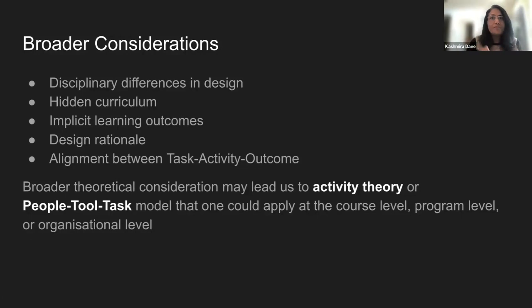And also sometimes we have not explained the design rationale to our students or the people involved. That also is something. So I'm wrapping that all up into a framework that I have mentioned in my research work. Can we go to the next slide, please?